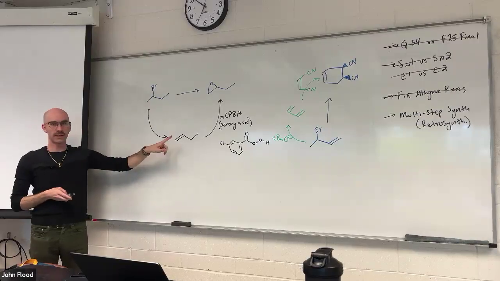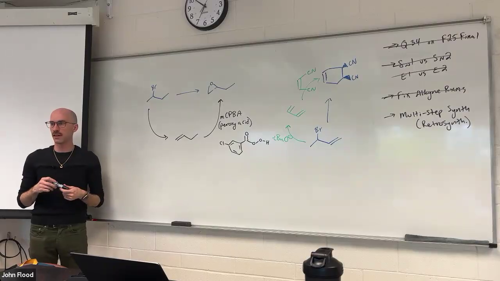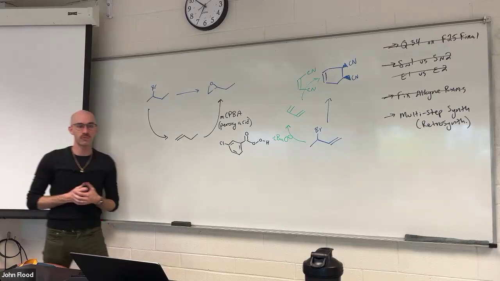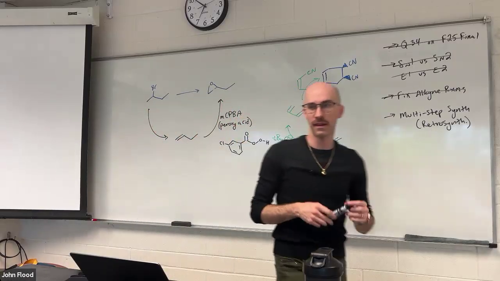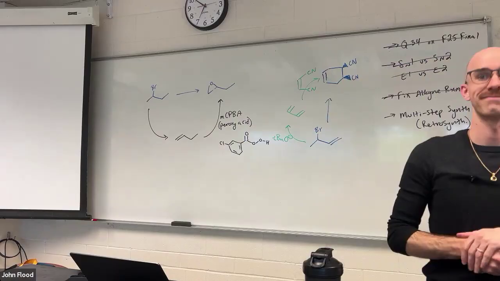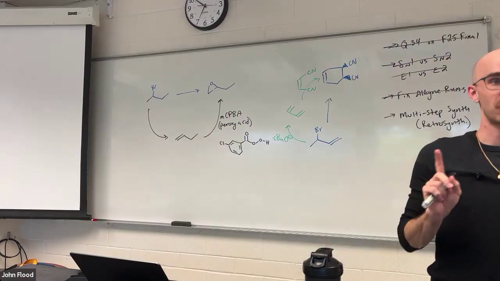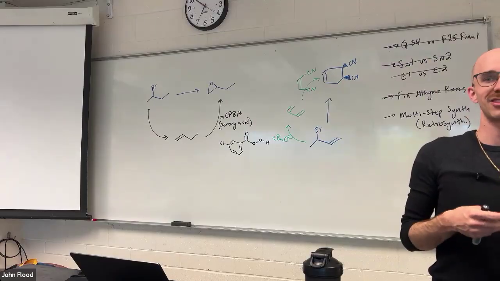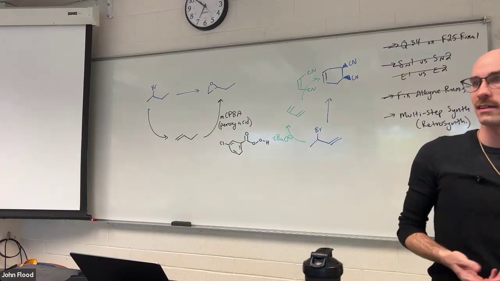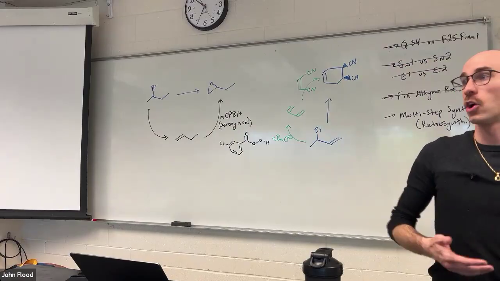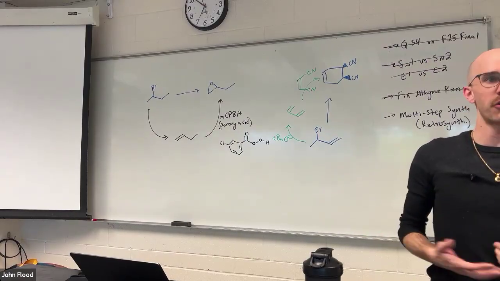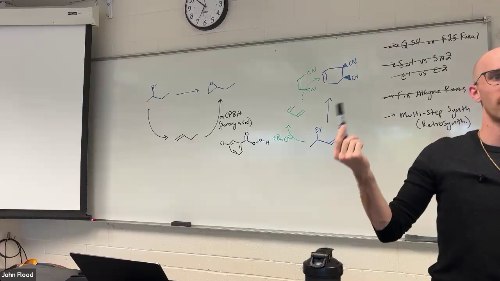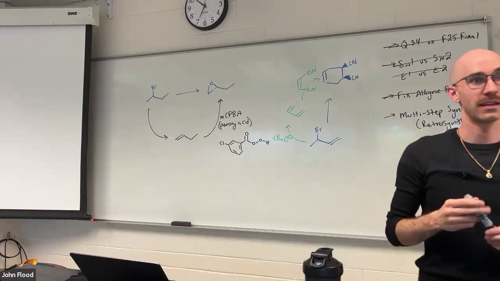So I need to form that alkene. What type of reaction is needed there? Elimination. And what reagent can I use to run that elimination? Only tert-butoxide in this case, because if I tried something like sodium hydroxide and heat, or sodium methoxide and heat, or water and heat, or ethanol and heat, I'm always going to get the Zaitsev alkene, the more substituted alkene.